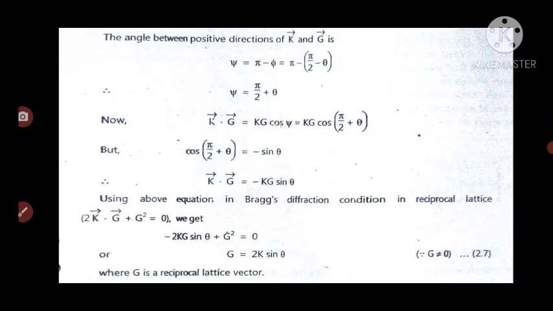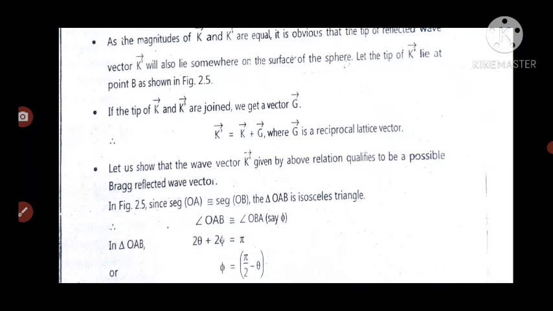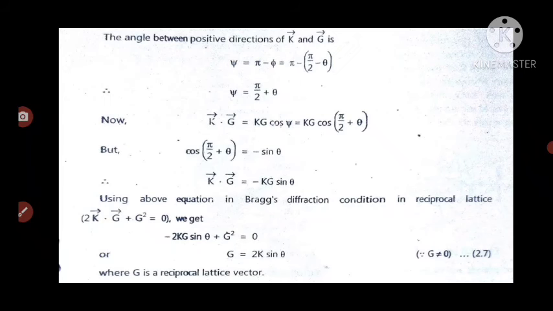We have already calculated the phi value, which is pi by 2 minus theta, so that relation will become psi equal to pi by 2 plus theta, which is obtained by doing some calculation. And the product of vector k bar and vector g bar, that is wave number and reciprocal vector, is kg cos psi.